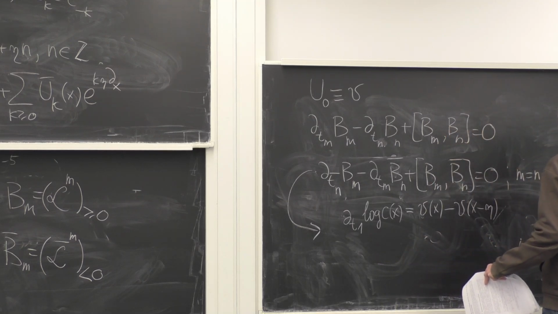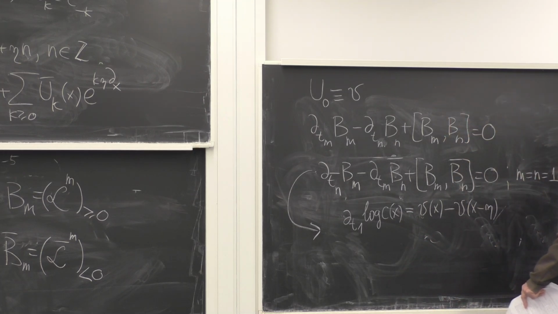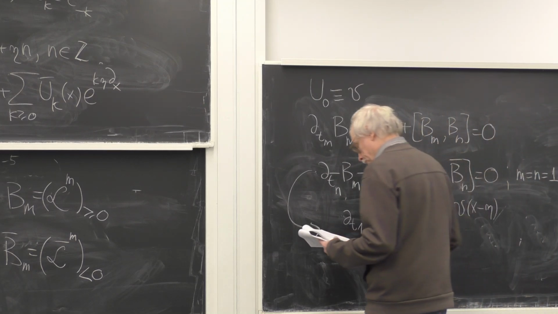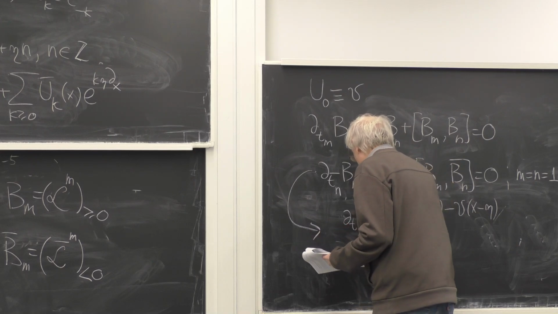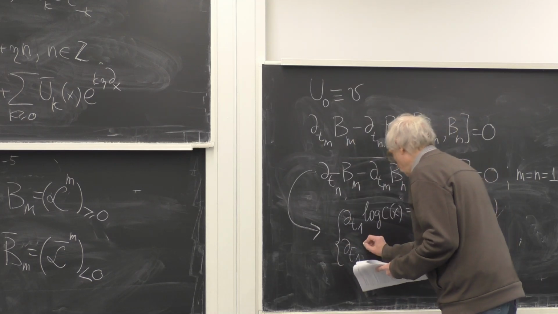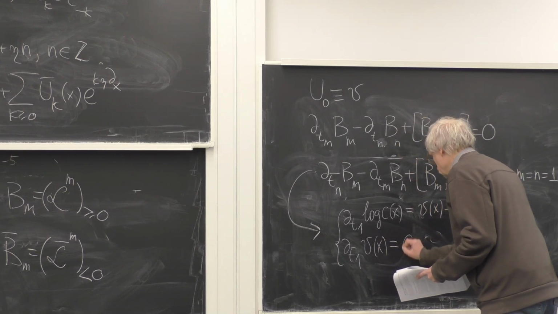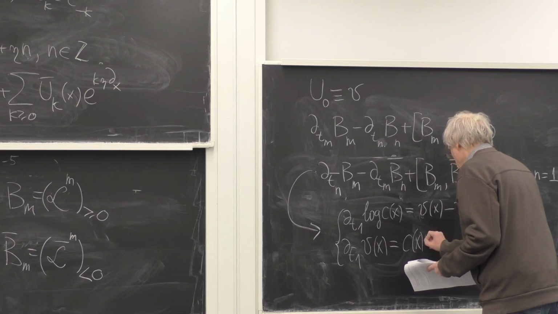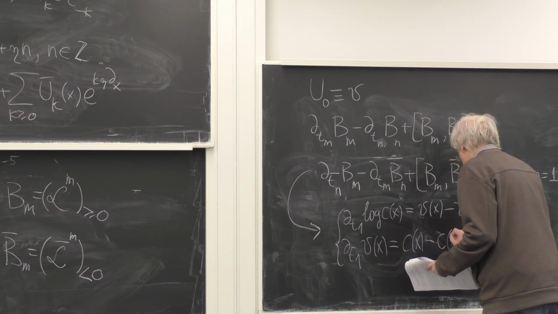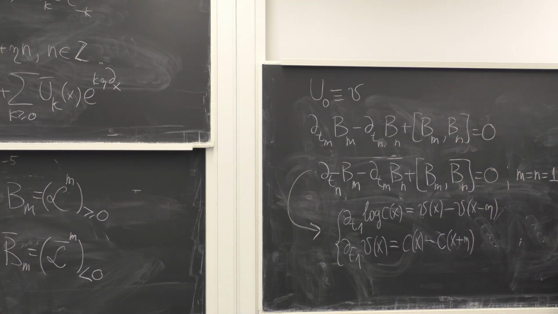And x is T1, T naught. The first equation, and the second equation is this. So we have two equations for two functions.